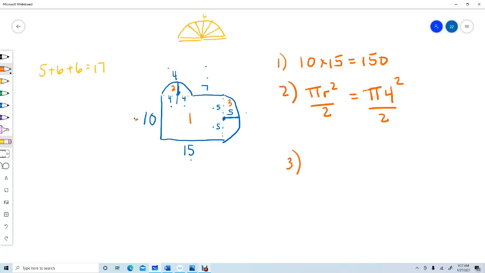Likewise, for area 3, it's pi times the radius, which is 5 squared divided by 2. So this is going to be pi times 16 over 2, and that 16 divided by 2 is 8. I like to write it like that.